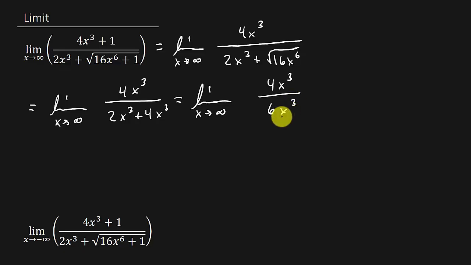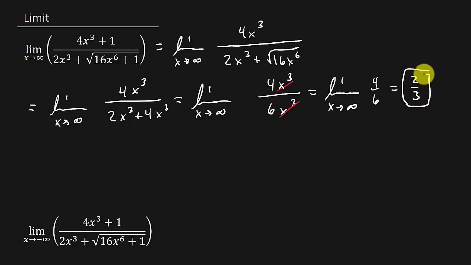And you can see here the x cubes cancel, and we're left with the limit as x goes to infinity of 4 over 6, and so that is going to give us 2/3 as an answer. All right, so that wasn't bad.